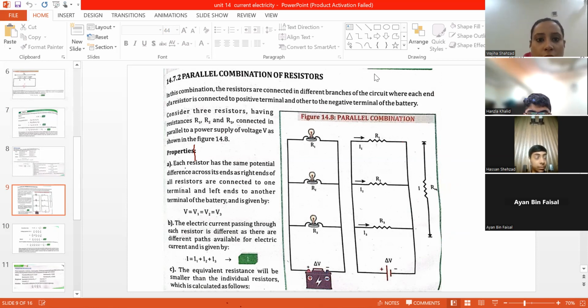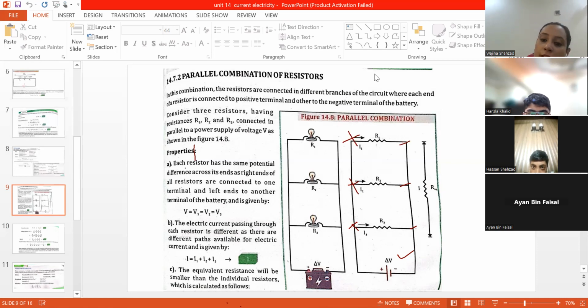Again, we take the three resistances in parallel combination, R1, R2, R3, and the potential difference, that is the battery, and we connect them separately. One end of each resistor is connected with the positive terminal of the battery, and the other end with the negative.